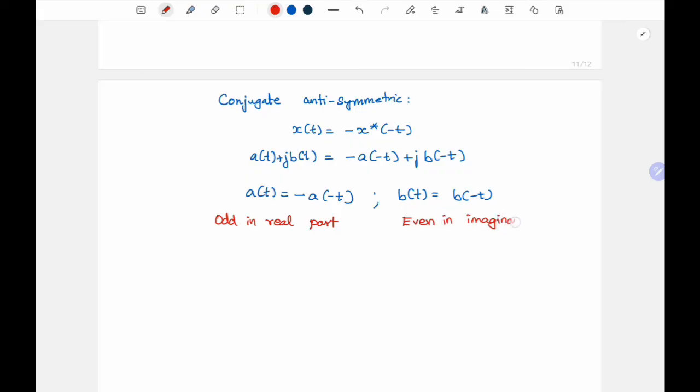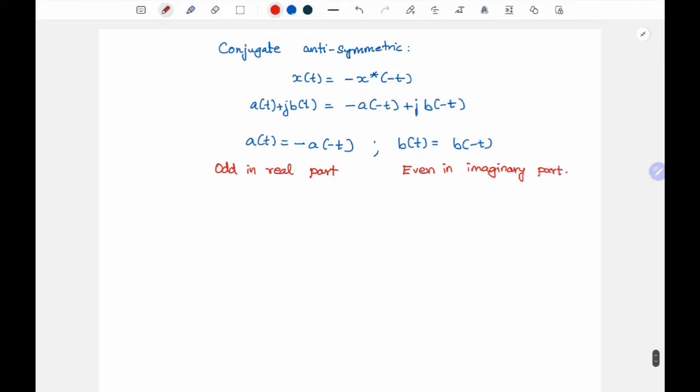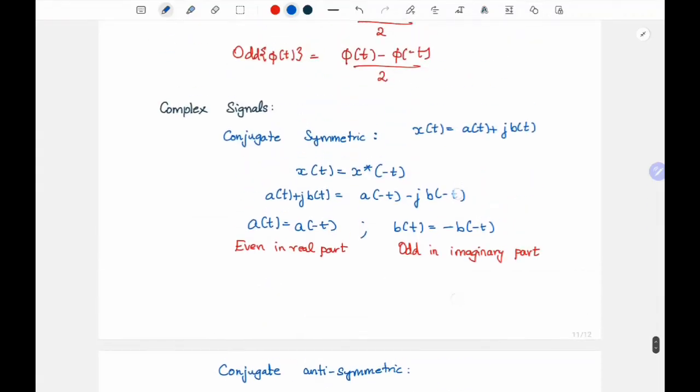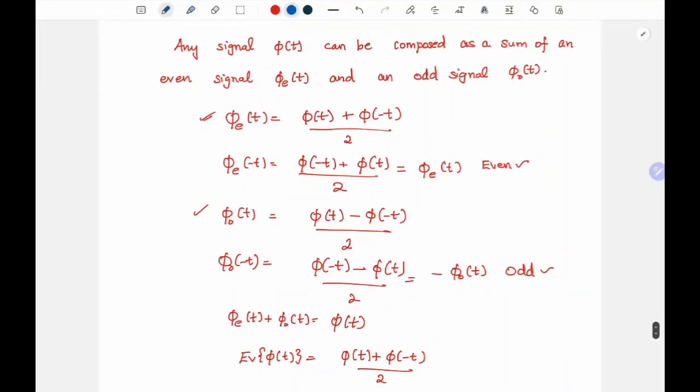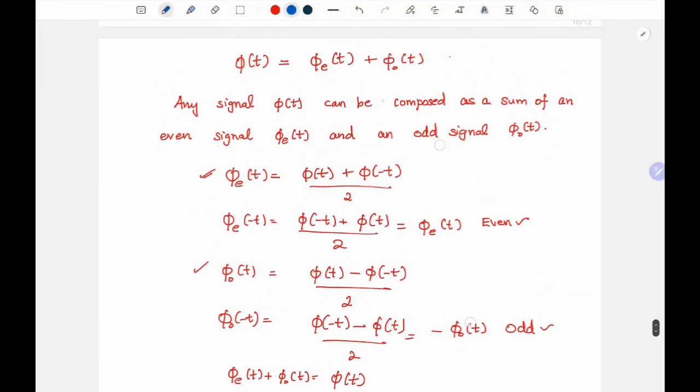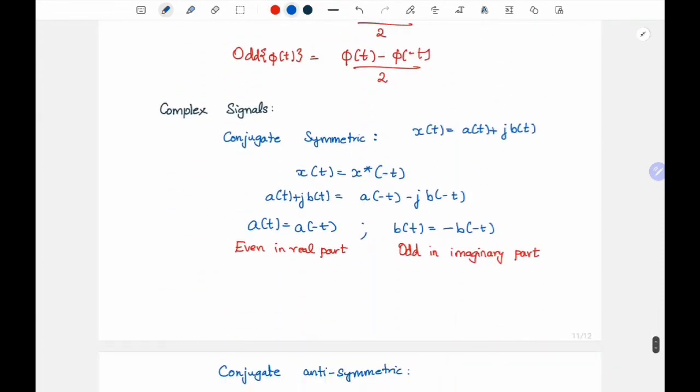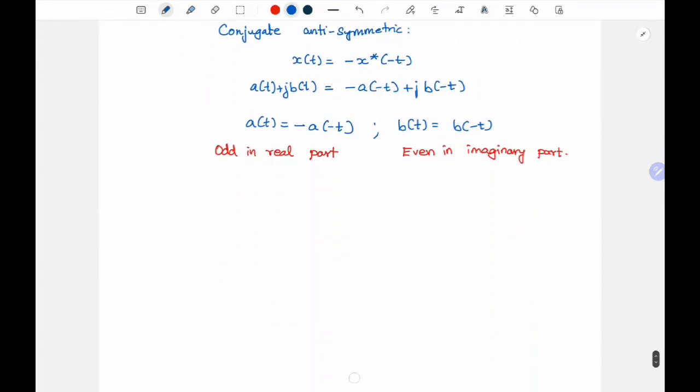Correct? And similarly, like we decomposed phi of t, the same way we can decompose any complex signal x of t into two parts. One is the conjugate symmetric part and the other is the conjugate antisymmetric part. Alright, and how do you define it?